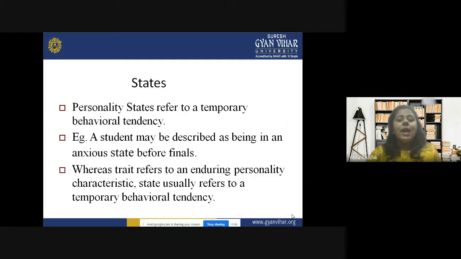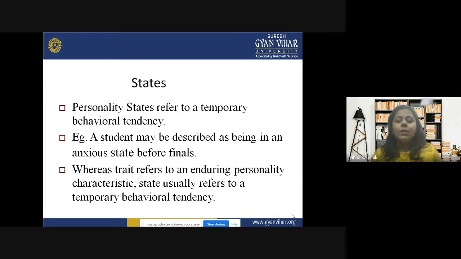States. Personality states refer to a temporary behavior tendency. It is not a permanent behavioral tendency; it is temporary.